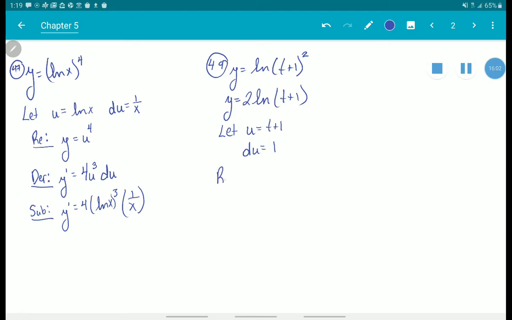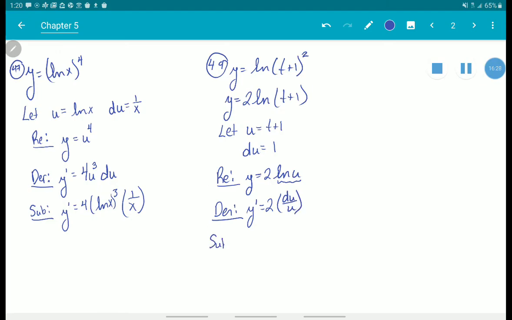So if we do our rewrite, we're going to have y equals 2 ln of u. Derivative. The derivative of y is y prime. Then we have 2 times the derivative of ln of u, which is du over u.